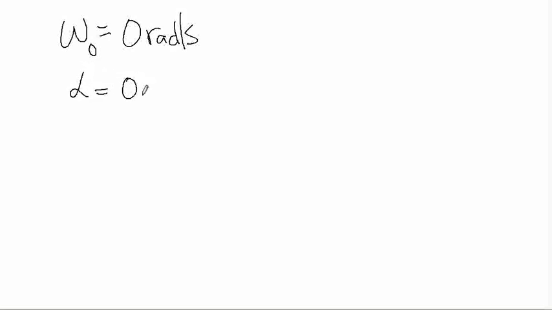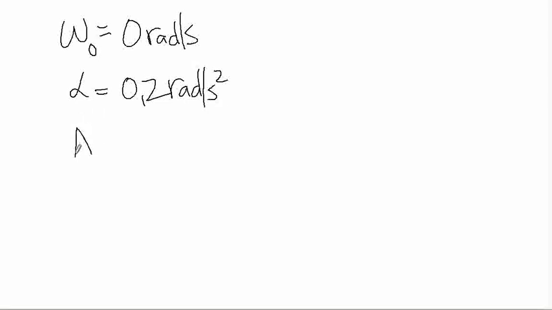Okay, so let me write down the information that I just stated. So the merry-go-round was at rest, so that means the initial angular velocity was 0 radians per second. The angular acceleration, I said, was 0.2 radians per second squared. And I said that I wanted to know the angle swept through in 1 minute.